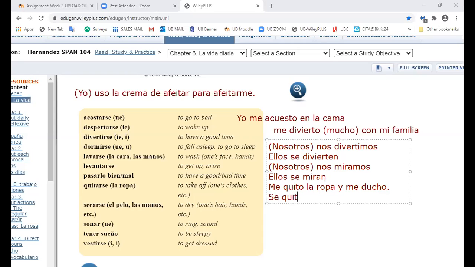Se quitan. Not quitamos, you have to say quitan. Se quitan la ropa y los zapatos. Y se duchan. Look at the ending here. Duchan.